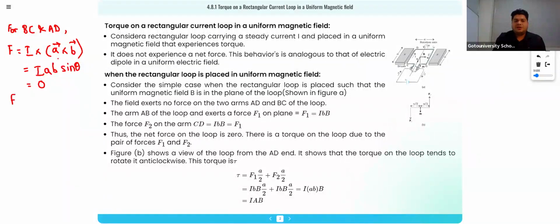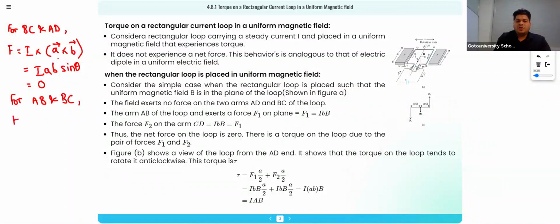Okay, now if you check for AB and CD, so what will you get?